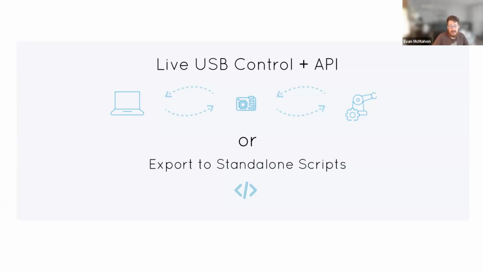Or there are ways to take these routines and export them out, either into self-running C++ code that you can embed into the driver, or SD card files if you happen to have an animation controller or an Arduino that can read from an SD card, and even into raw JSON if you wanted to take the outputs of this and run with it in your own robot controller, and just create these routines in the application, but then do your own thing.